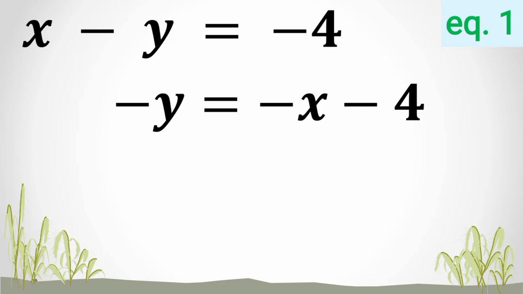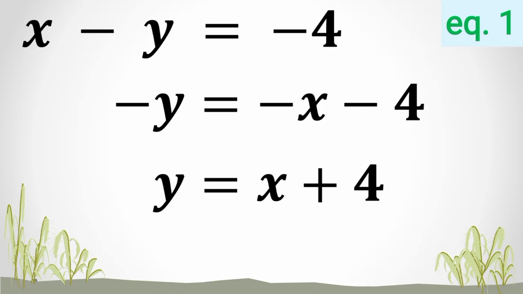So we have negative y equals negative x minus 4. Then by the division property of equality, we divide both sides by negative 1 to come up with y equals x plus 4. So always remember the different steps in converting standard form into slope-intercept form.